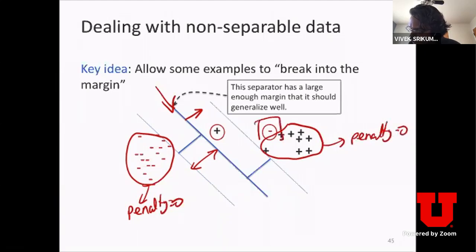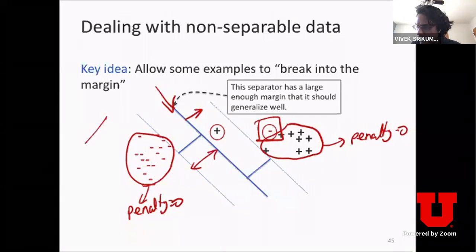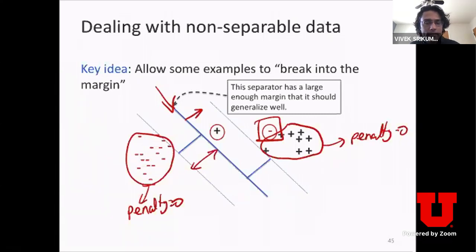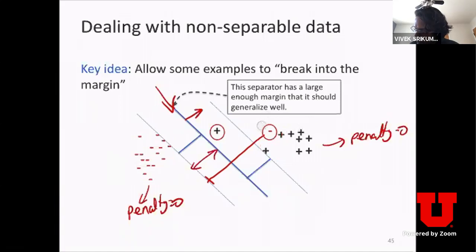On this example here, the example is incorrectly classified. Ideally, it should have been on this side. So this is the negative side, but it's not. So the penalty it pays is 1 minus yw transpose x, which the geometric intuition for that is whatever this distance is. So let me remove some of the marks here. The penalty that it pays on the negative example is whatever that distance is.